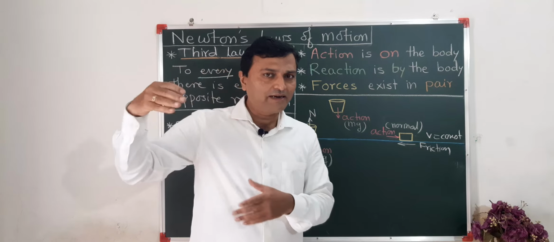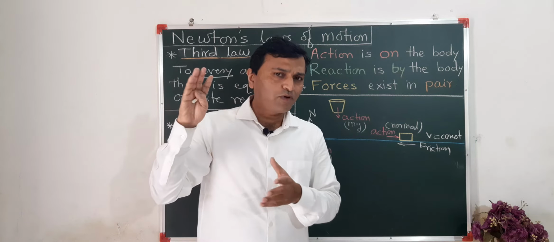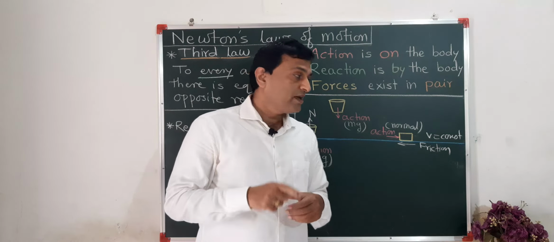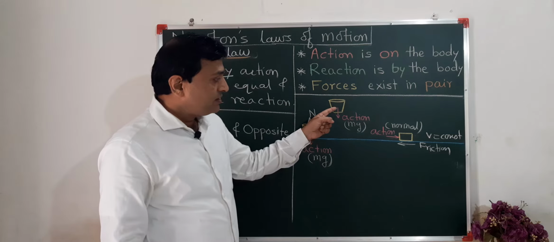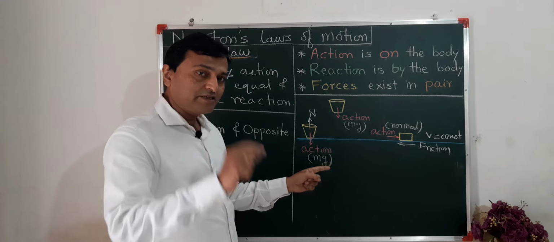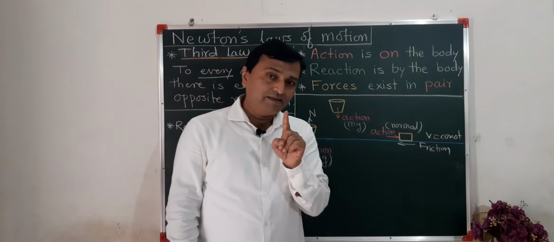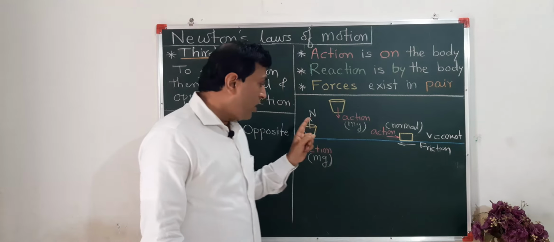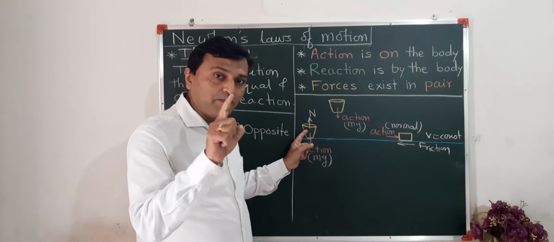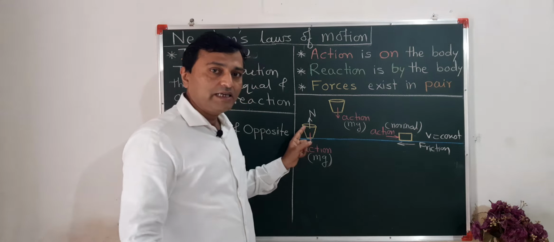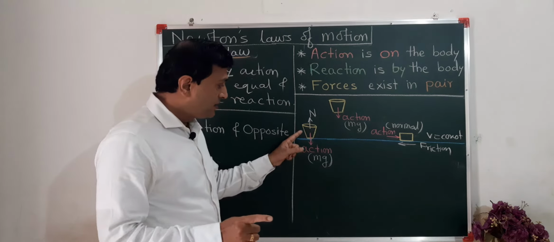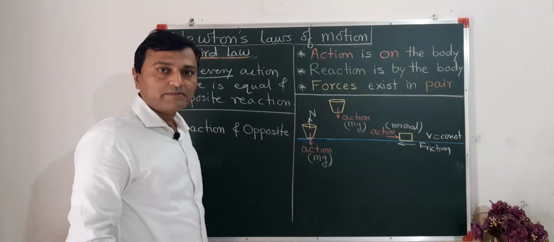We will see later in the next video how that process was, what Newton thought about it. Okay. See, this is an action force, there must be a reaction force. But remember, action is on the body, reaction must be on the other body. In this case, the other body should be something other than this glass.